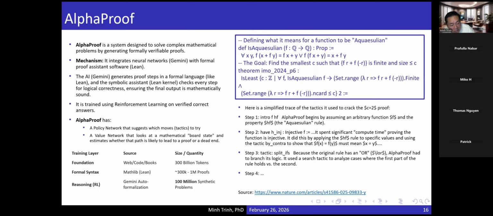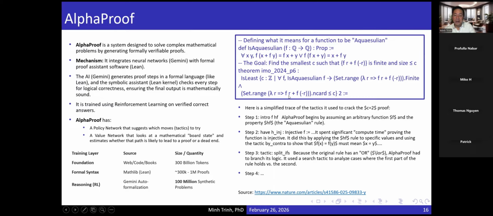Then they re-inject them into the training set, so suddenly you have a lot of synthetic problems with proofs, a lot of data. That's why you are able to train AlphaProof: you take real problems, generate synthetic problems and proofs, re-inject them into the training set, and then you can train the reinforcement model.